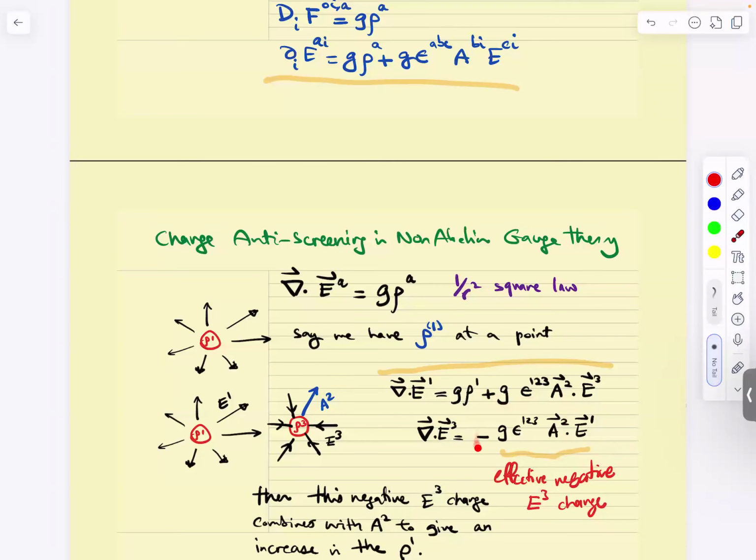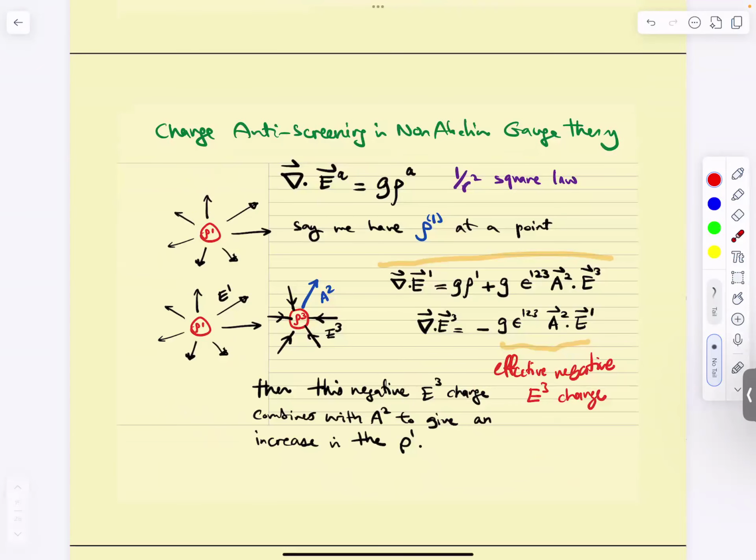That looks like a negative effective charge for rho 3, which will source E3 and effectively make the right-hand side of this smaller. This negative charge E3 combines with A2 to make this larger, to increase rho 1. That's what the effect is, right?